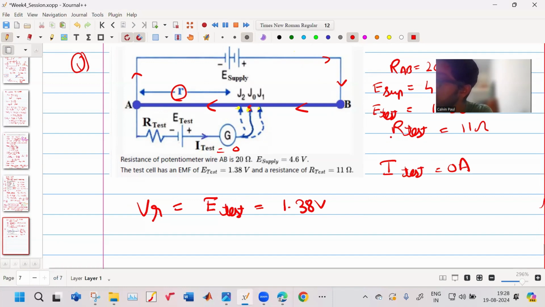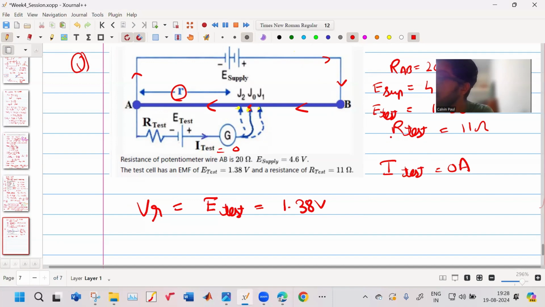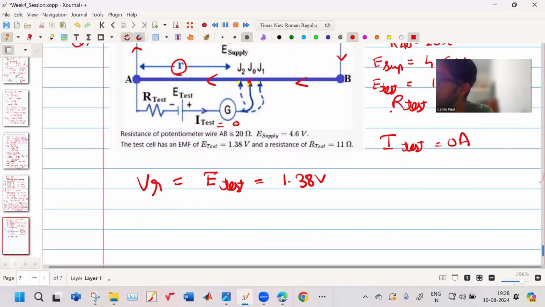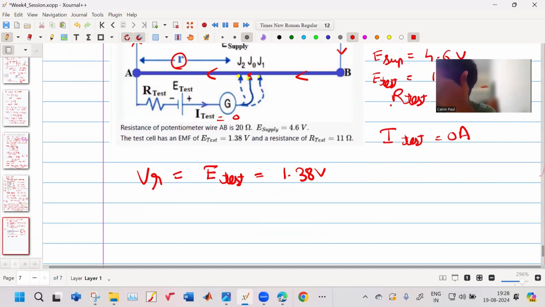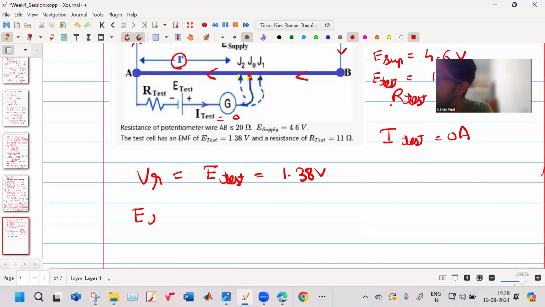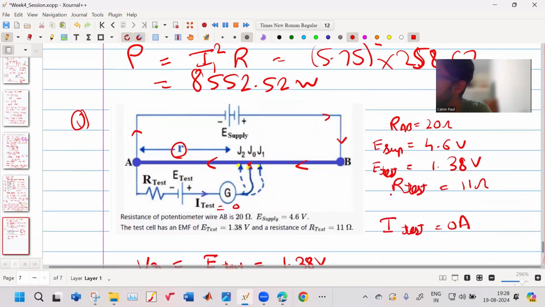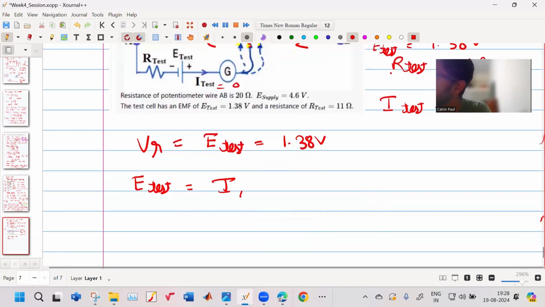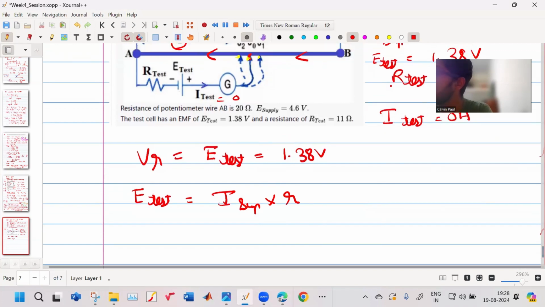So the voltage at this point should be equal to E test, which is equal to the current I supply into your R. But what is your I supply current?